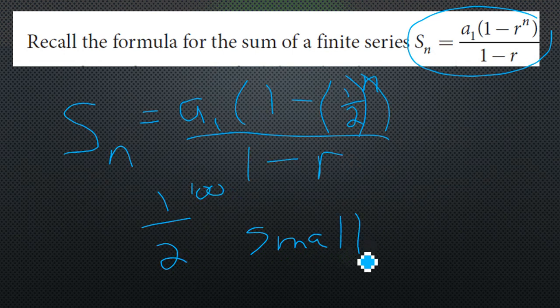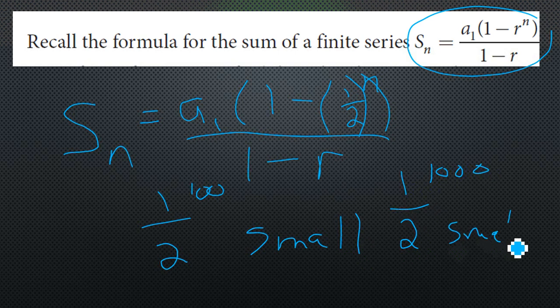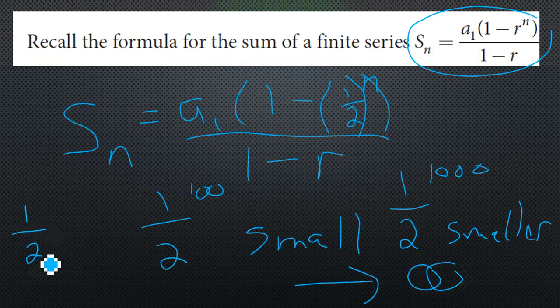And if I were to raise 1/2 to the 1000, so as I add more and more terms together, I get an even smaller piece. Okay, and eventually as we go off to infinity, that piece right there, the 1/2 raised to the n, actually goes to 0. So that piece disappears out of the formula.